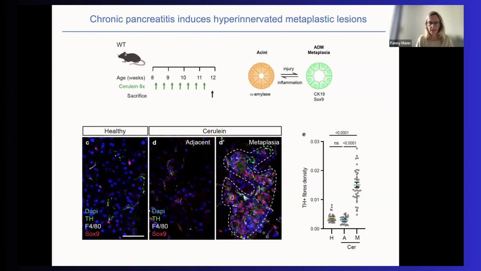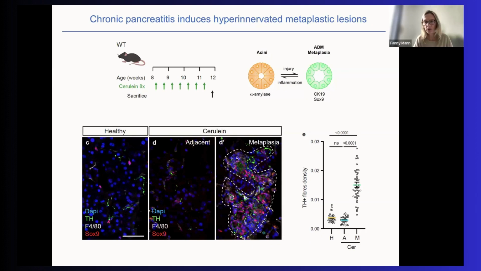The metaplastic lesions that are induced by chronic pancreatitis are characterized by an ectopic expression of ductal markers in metaplastic pancreatic cells, by an infiltration of macrophages in these lesions, and by an increased innervation by sympathetic axon terminals. So we observe the same induction of sympathetic axon sprouting as we have seen in the KIC mouse model.